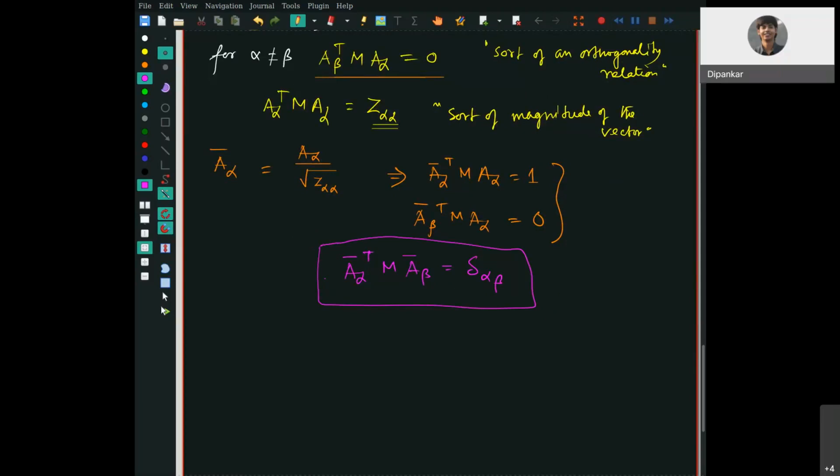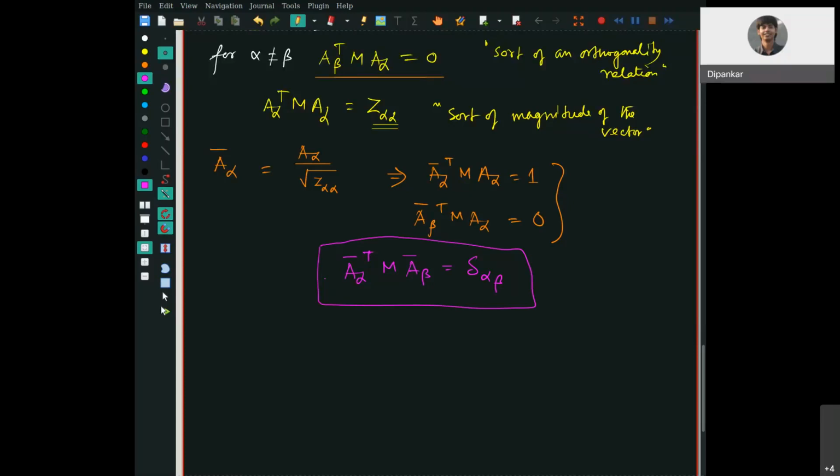So this is the first thing, that is how you conventionally write your A alpha. Okay. So these normalized so-called eigenvectors are very efficient in expressing certain things.